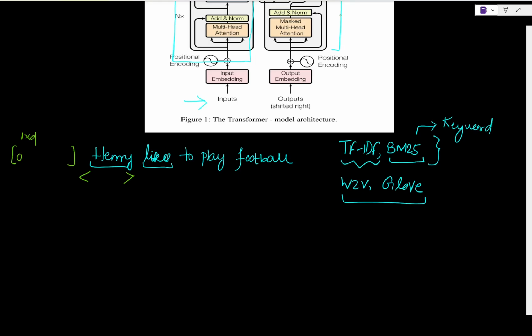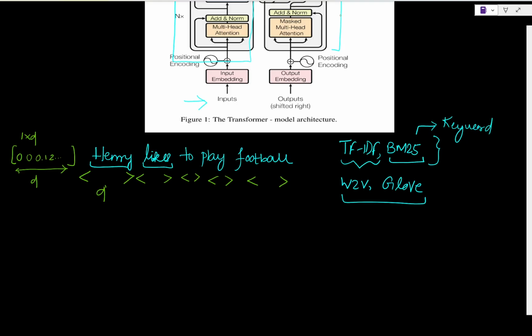It can be something like 0, 0, 0.1, 2, whatever. There are just d elements over here. Pretty standard. So each of these words will be converted into corresponding vectors by passing them through any embedding model, so to speak.